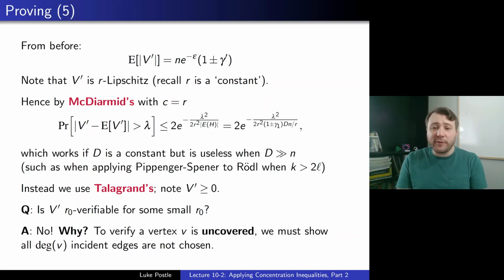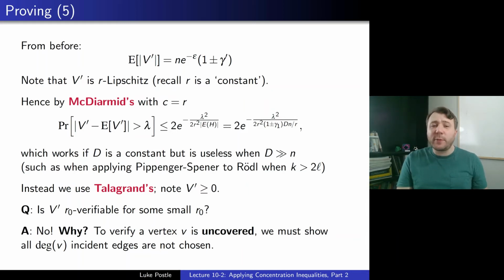I have to show you the coin flip and say, nope, that one didn't come up for it. That one wasn't selected. That one wasn't selected. Do this for all degree of V, which is maybe roughly D, which we just agreed was really large. So if we use Talagrand's there and the change constant was on the order of D, and D was bad before, that's maybe too much. So we can't use that.